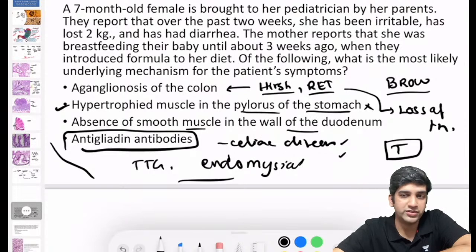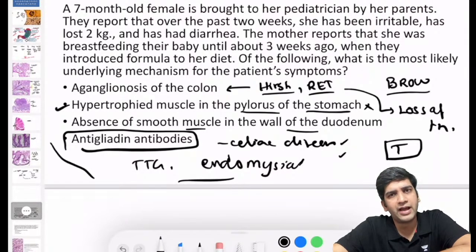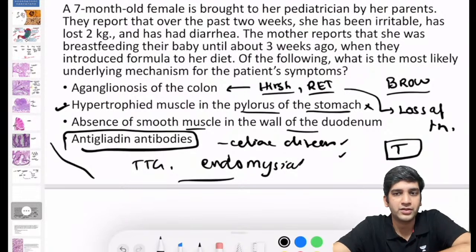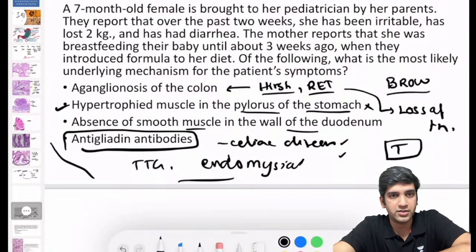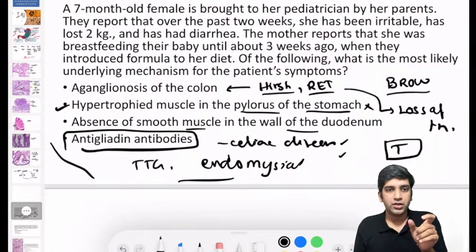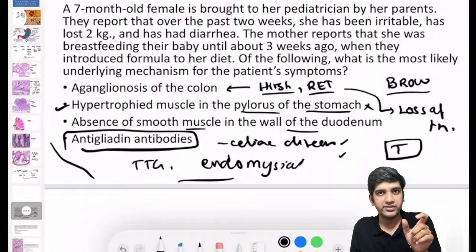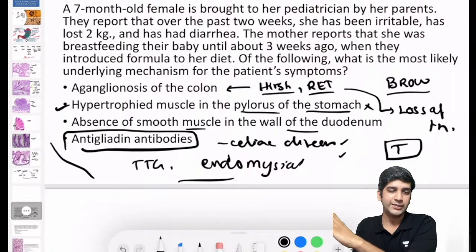But don't do this, because for quite a few lesions which are type 4 hypersensitivity, over a period of time antibodies will definitely be created. That is actually not the pathogenesis. That's the outcome of the pathogenesis. So what happens here is, the function of tissue transglutaminase is to convert gluten to gliadin.